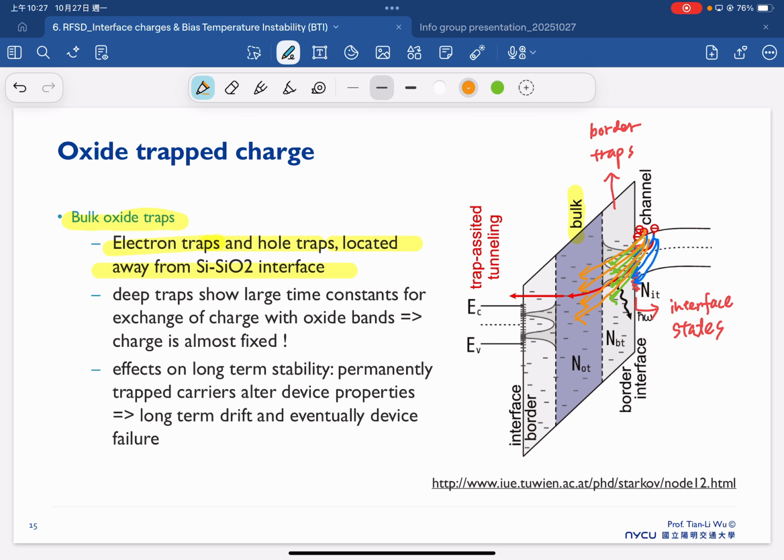Once an electron is trapped in the bulk oxide region, because it is much deeper, the trapping shows a very large time constant.